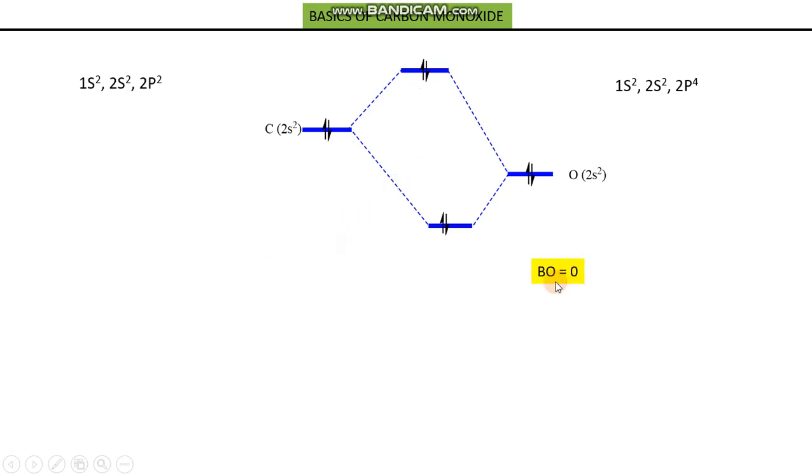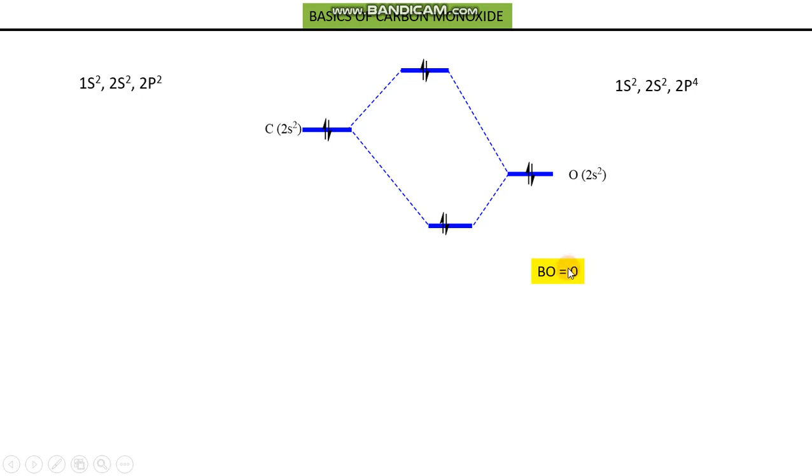If we calculate the bond order between these two species, carbon and oxygen, where only s is involved in bonding, the bond order is 0, because according to the formula, it is the number of pairs of electrons in bonding molecular orbitals minus the number of pairs of electrons in anti-bonding molecular orbitals. If they are equal, the bond order is 0.